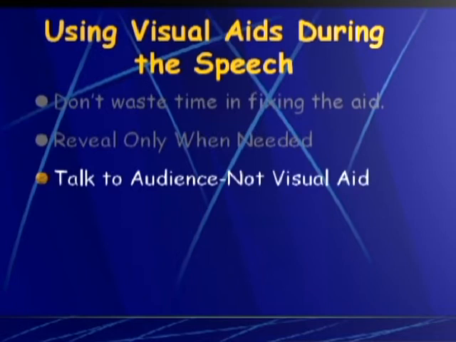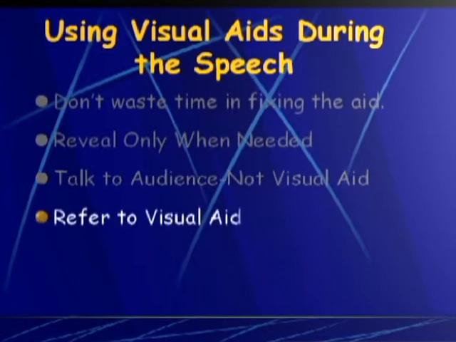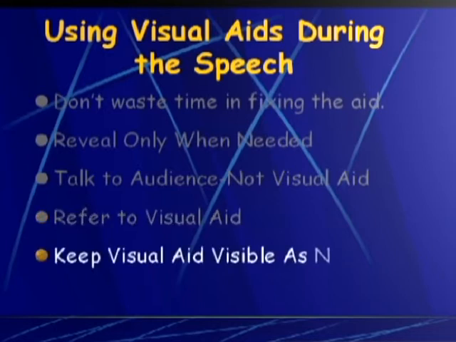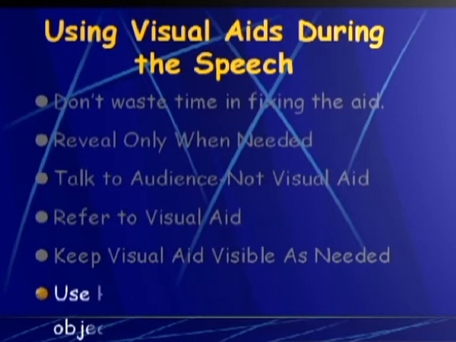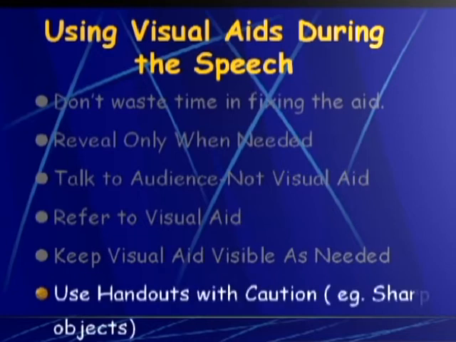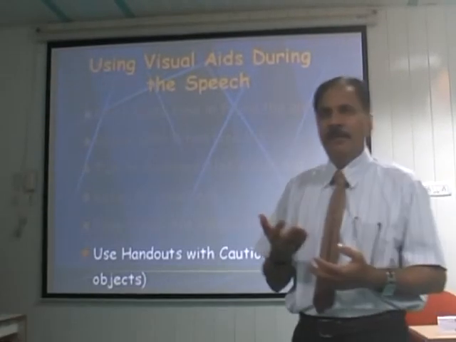Talk to the audience, not the visual aid. Refer to the visual aid and then keep the visual only as and when needed. Use handouts with caution, for example, sharp objects. That means while presenting, you must also see that the handouts being used are absolutely free of any problems.